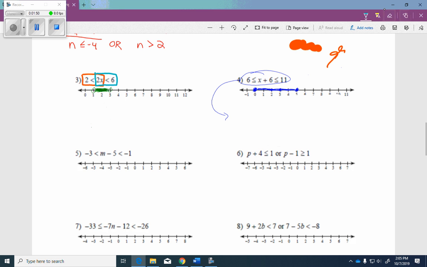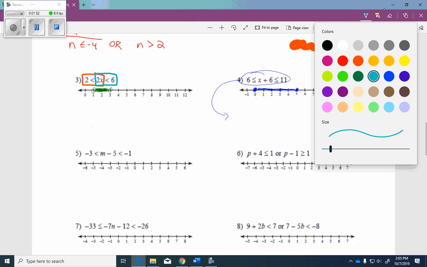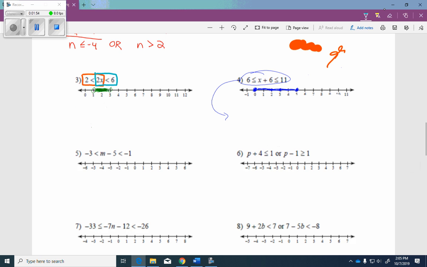I can rewrite this as an and statement. I can write 2 is less than 2x and 2x is less than 6. So I took what I boxed in at first, made it my first inequality, took the second box as my second inequality.